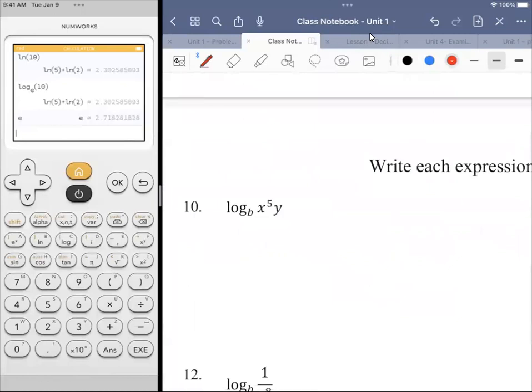You have something like this, log base b, so an unknown base that we're just going to call b, of x to the 5th times y. Because there is a product here, I'll throw a little multiplication symbol in there to exaggerate it. I can break this up into log base b of x to the 5th plus log base b of y.